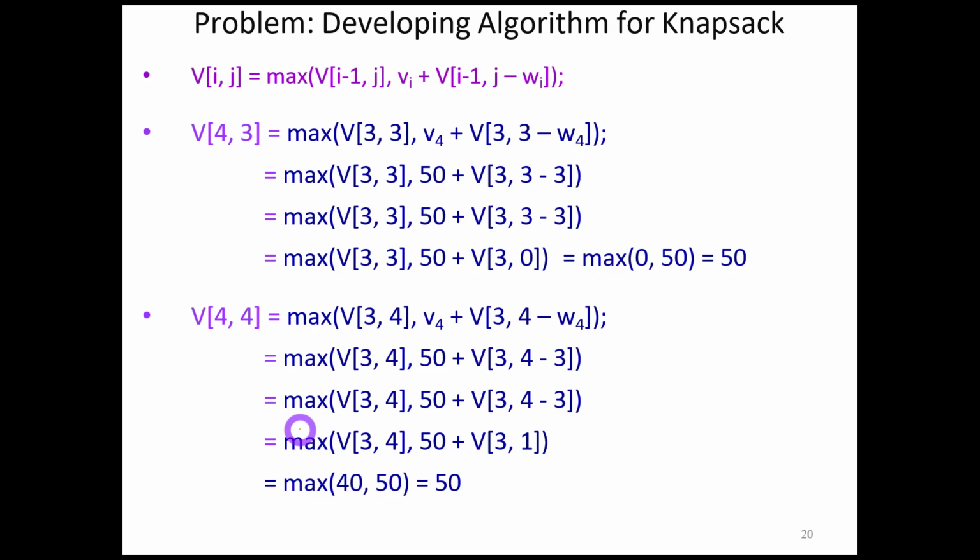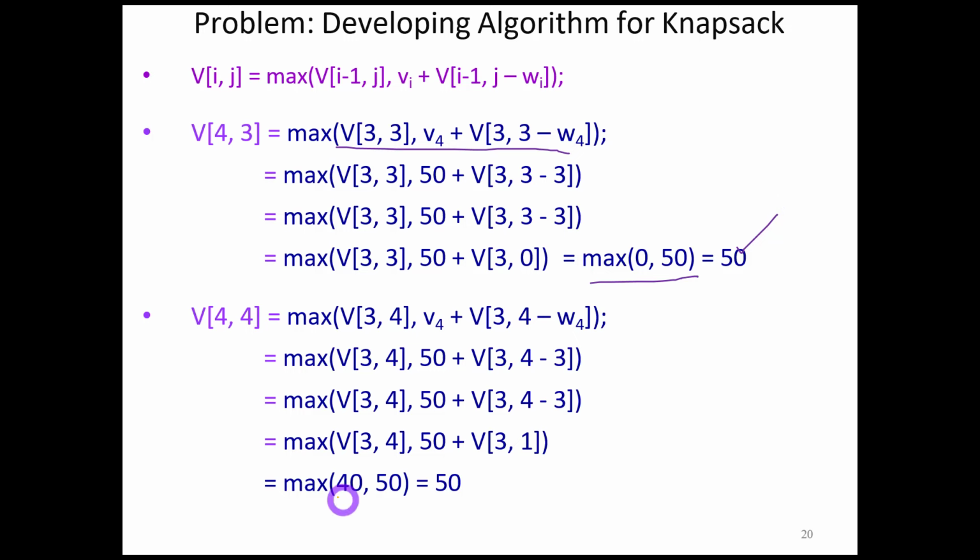Okay, and then 4 comma 3. So putting the values. Okay, I'm not going to explain all of this again. You have understood it, I hope, quite well through the previous values and examples. So the answer becomes this 0 and 50. So we will be choosing obviously 50 and keep will be 1.